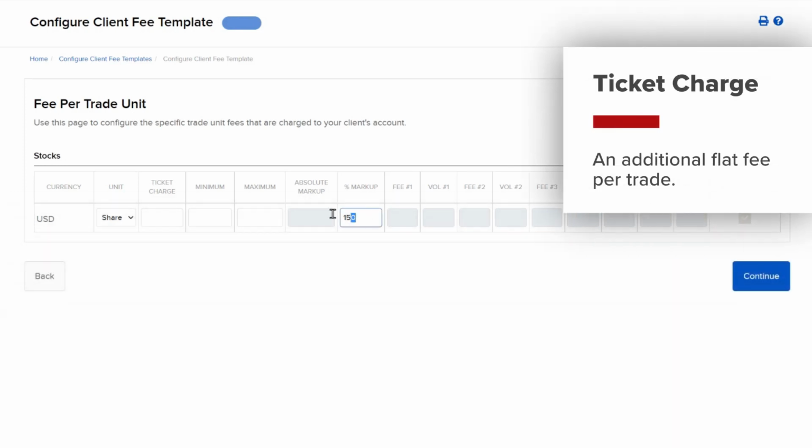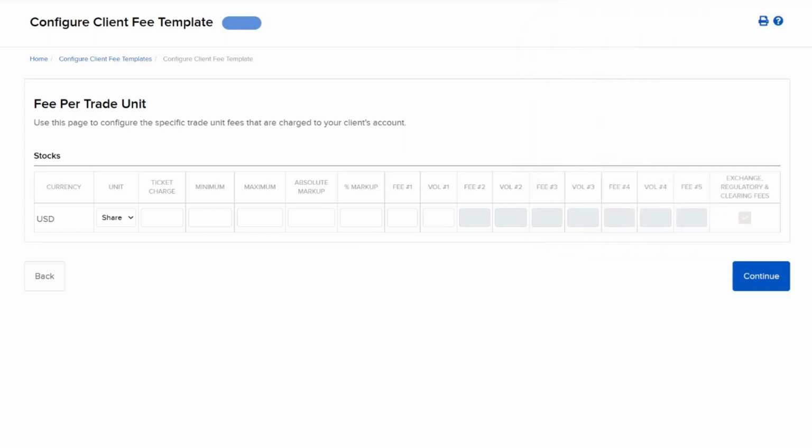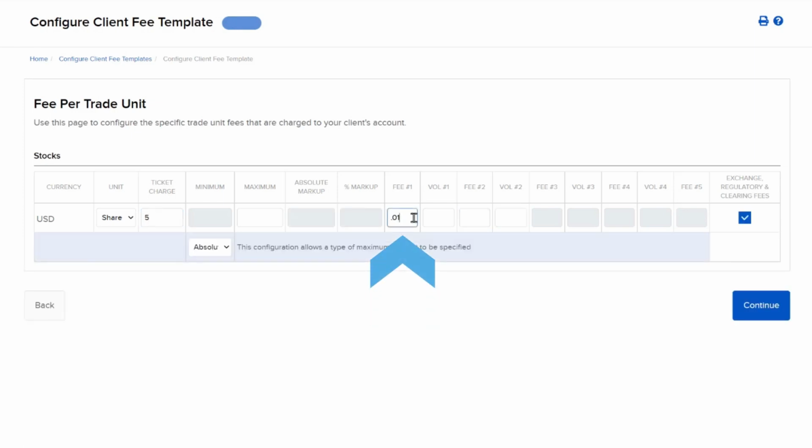Ticket charge is an additional flat fee per trade that the broker can specify. Ticket charge can be used alone or with the absolute markup, absolute amount, or percentage markup methods. For example, the broker enters $5 in the ticket charge column for US dollar stocks and charges an absolute amount markup of a penny per share, inclusive of IBKR commissions.